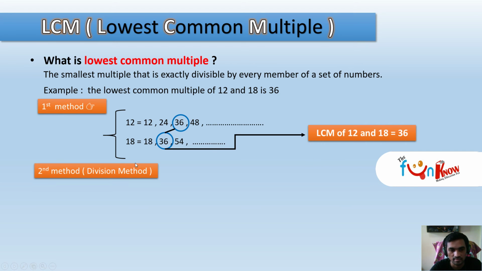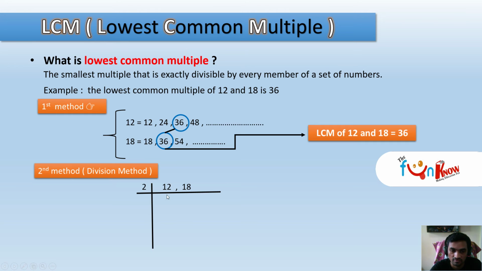We can use another method, which is the division method. In the division method, we write both numbers in a table and then divide. First we try the number 2. We need to find a number which can divide both these numbers. So we try 2.